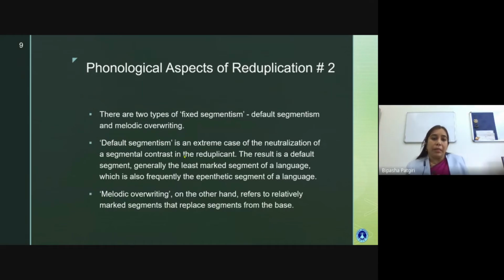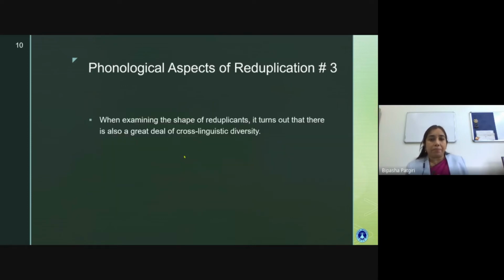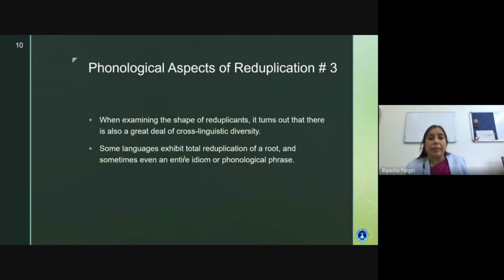So these are certain definitions of these two types of this particular aspect. Okay. Then the third phonological aspect of reduplication is the cross-linguistic diversity while examining the shape of the reduplicants. So this is something that we have taken into account in this particular presentation.